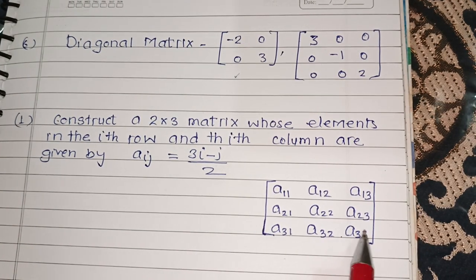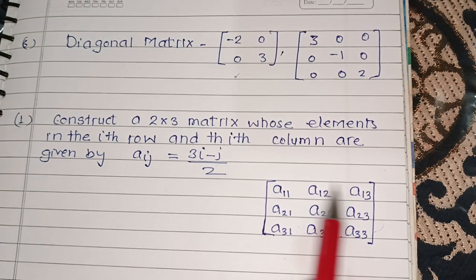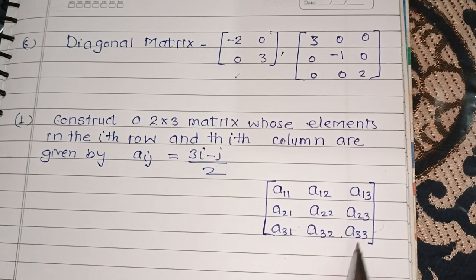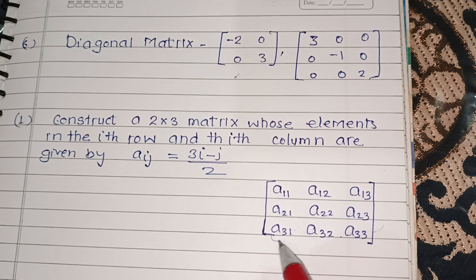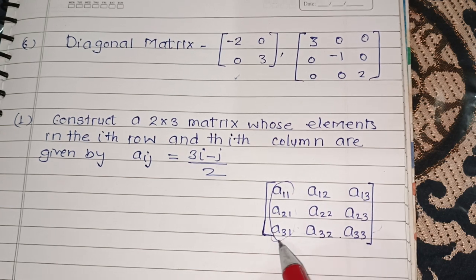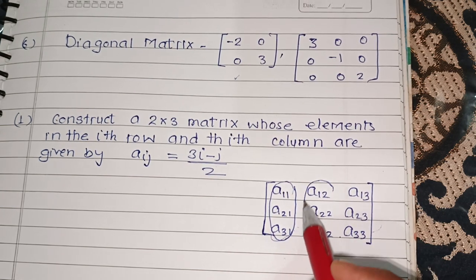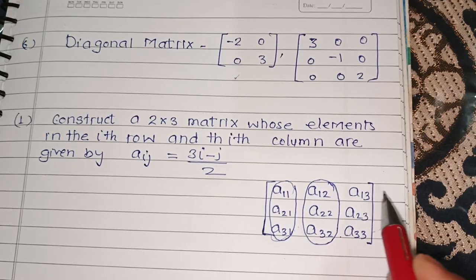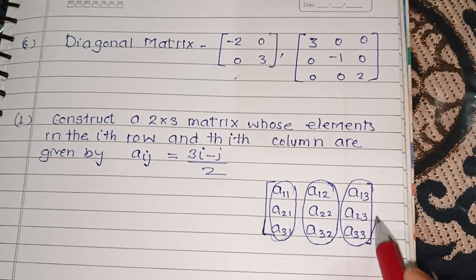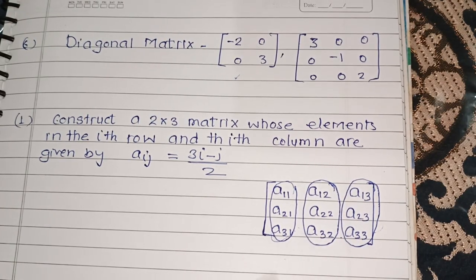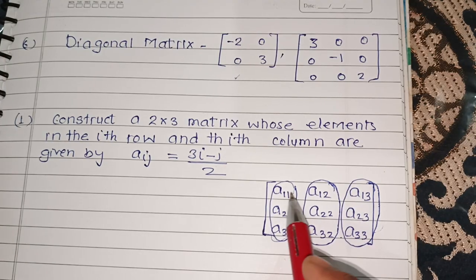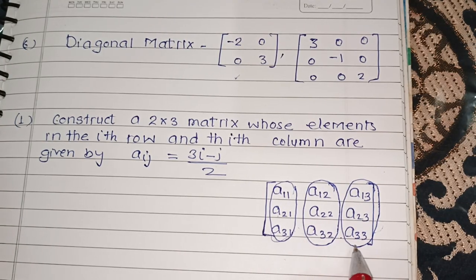Look, here is the standard form of a matrix. This is column first, column second, and this is column third. You should keep in your mind. And this is row 1, this is row 2 and this is row 3.